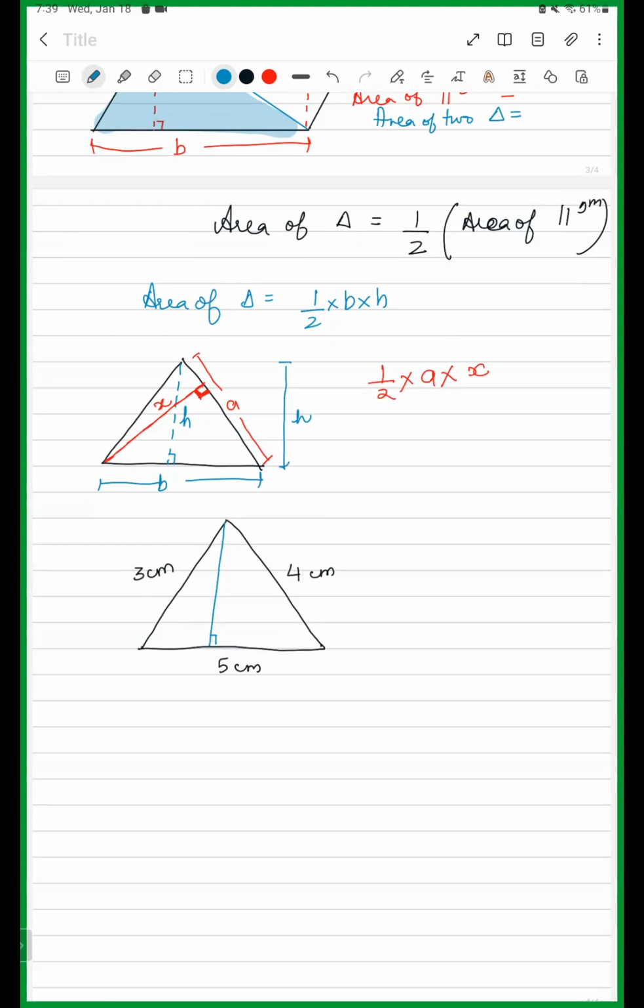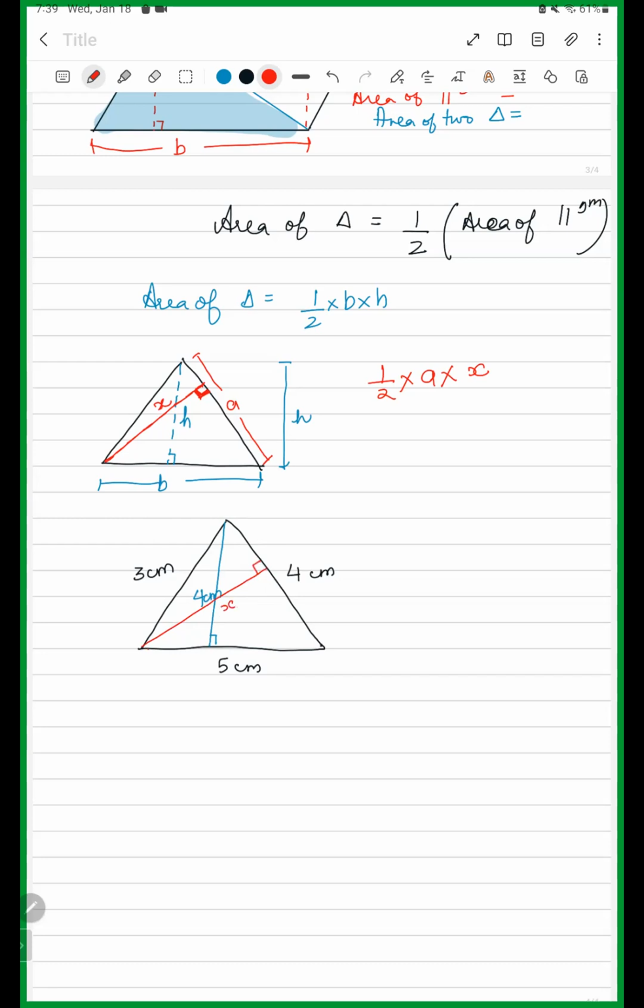So let's say you have a triangle like this, and let's say this thing is equal to 4 centimeters. Okay. And someone is asking you to find out the value of x.